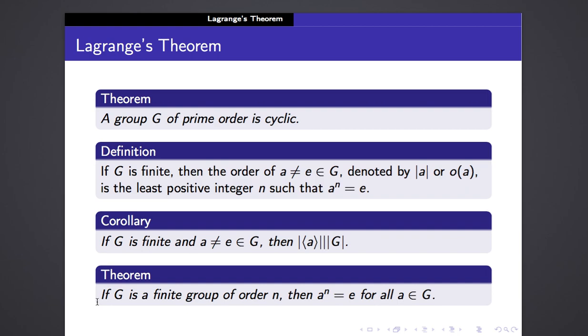So that's going to be our last theorem. If G is a finite group of order n, then a to the power n equals the identity, for any a in the group G. So for any element of G, if we raise that element to the exponent n, which is the order of the group, that has to be the identity.